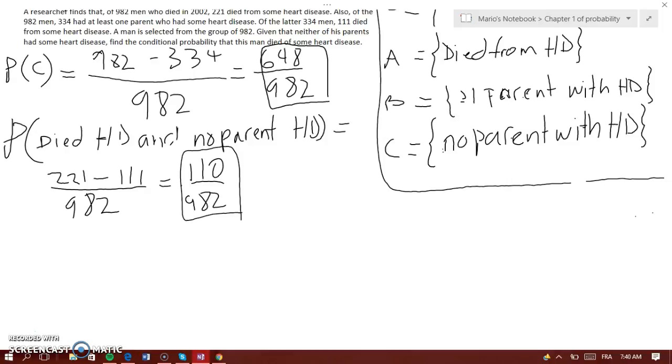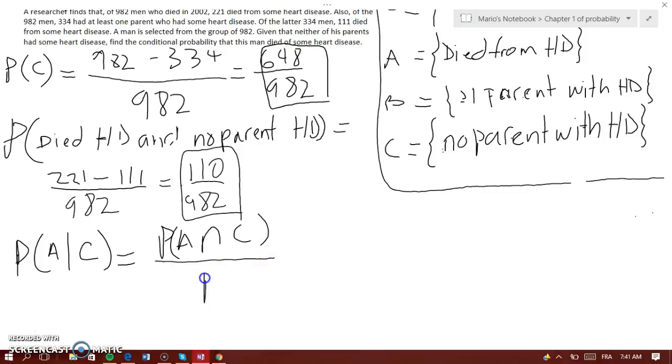So basically this one is saying the probability of finding a man who died from heart disease, which is A, given that the parents had no heart disease, C. Remember, the one you know is the one behind the bar, and what you're looking for is the first one. So P of A given C, we know that it's equal to P of A intersection C over P of C.